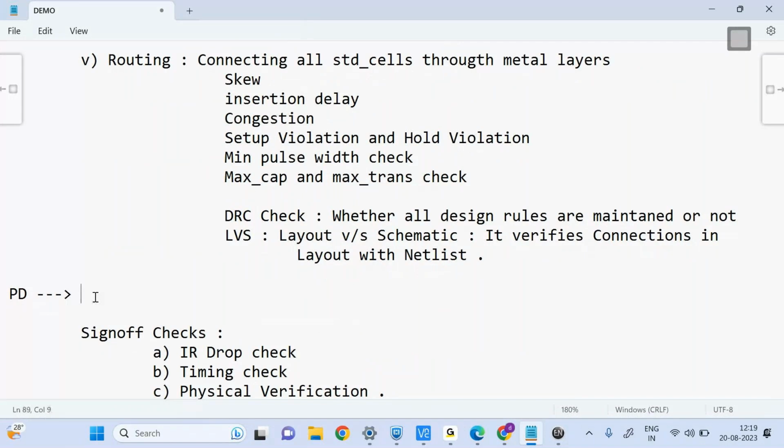That PD we do in ICC2. The tool name is ICC2. It is from Synopsys.